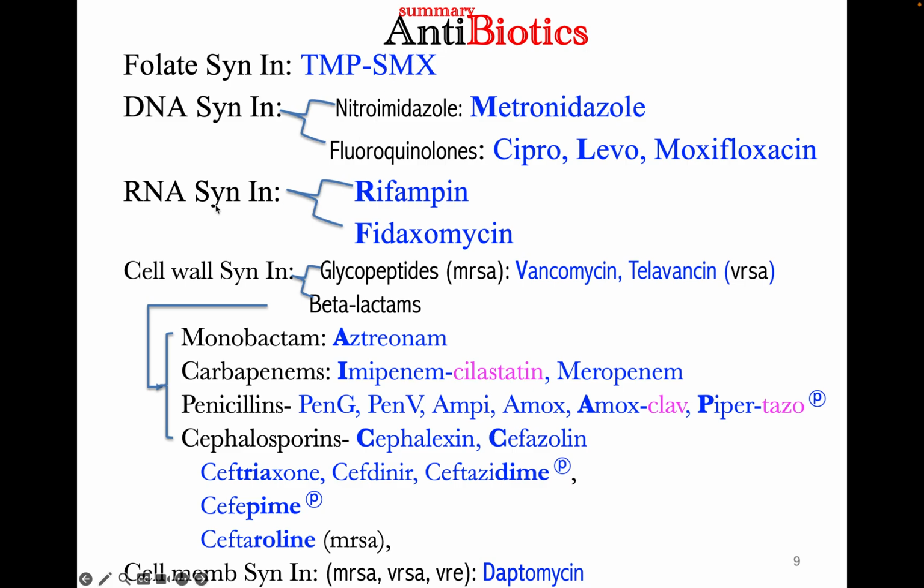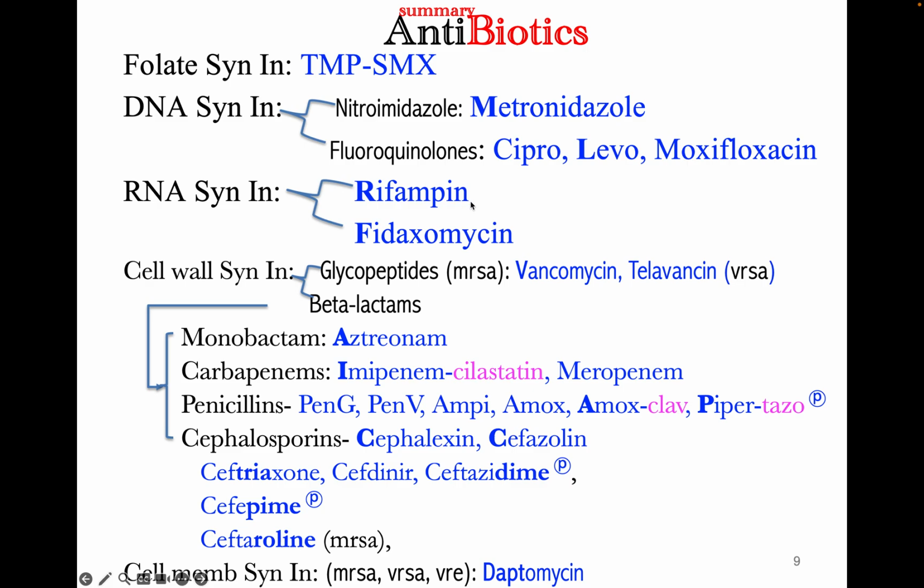Okay, the next one is RNA synthesis inhibitors. There are two different class drugs. I don't want you to remember the class name or anything, but study rifampin. Remember, these are drugs which can kill mycobacteria. One example is tuberculosis drugs, right? Rifampin, isoniazid, all those.